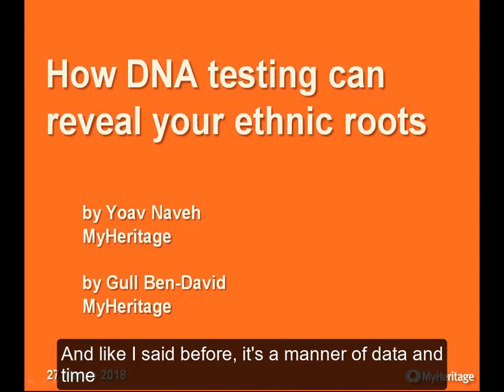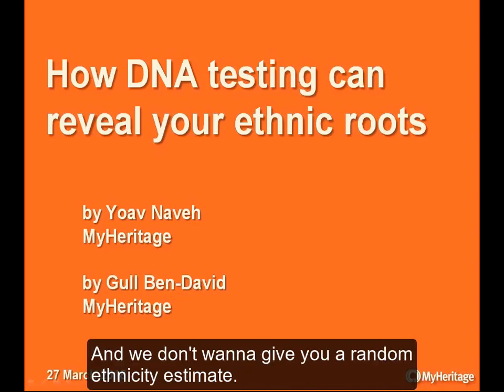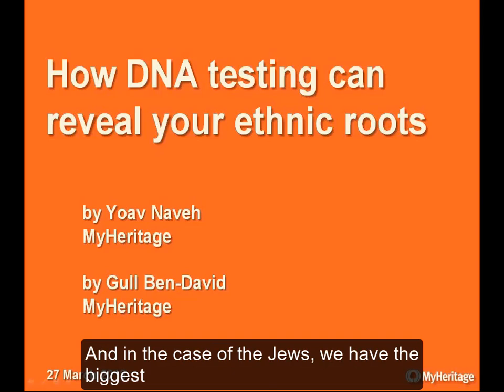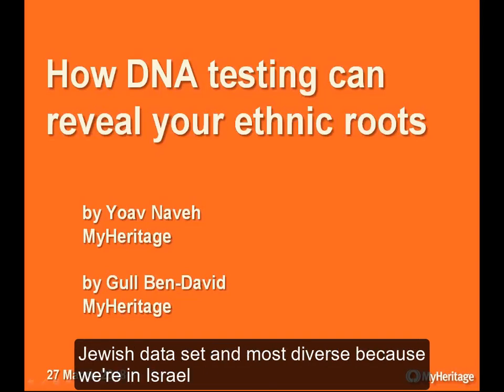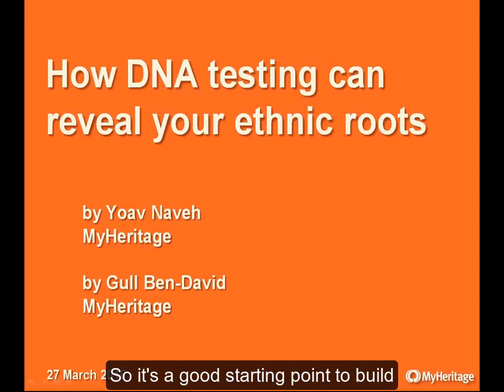Like I said before, it's a matter of data and time, and some groups can't be divided because they're too similar, and we don't want to give you a random ethnicity estimate. But yes, we're definitely going to work harder. In the case of the Jews, we have the biggest and most diverse Jewish data set, because we're in Israel and we have Jews from all over the world. So it's a good starting point to build a very interesting reference.